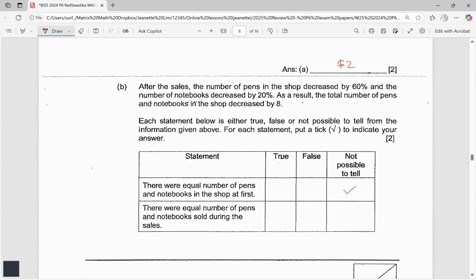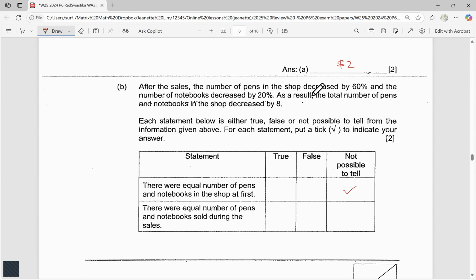Okay, so 60% and 20% could be any number at all. 60% could be 6, 20% could be 2, and that makes up 8. Or it could be other combinations of numbers, and that will give us different values of total at first, but it's not possible to tell.